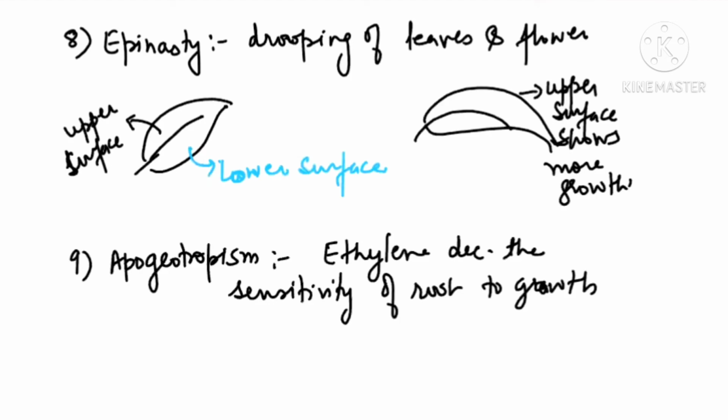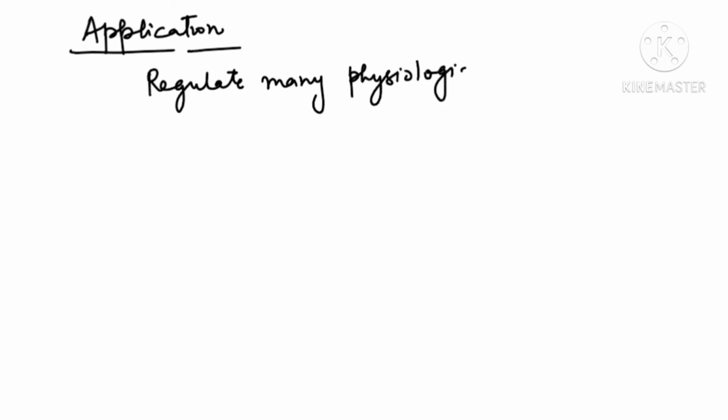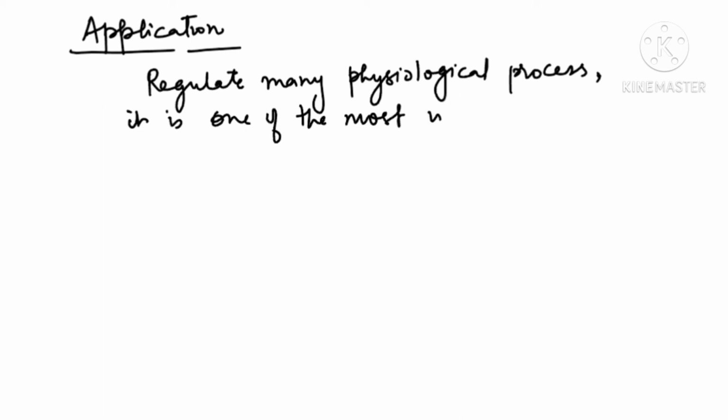Now let us study where we apply them, the applications. First of all, for ethylene, we say it regulates many physiological processes. Because of this, it is one of the most widely used PGR in agriculture.